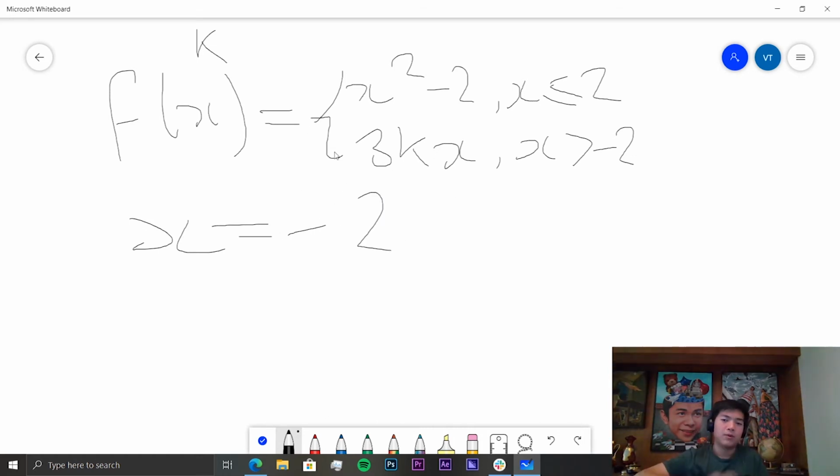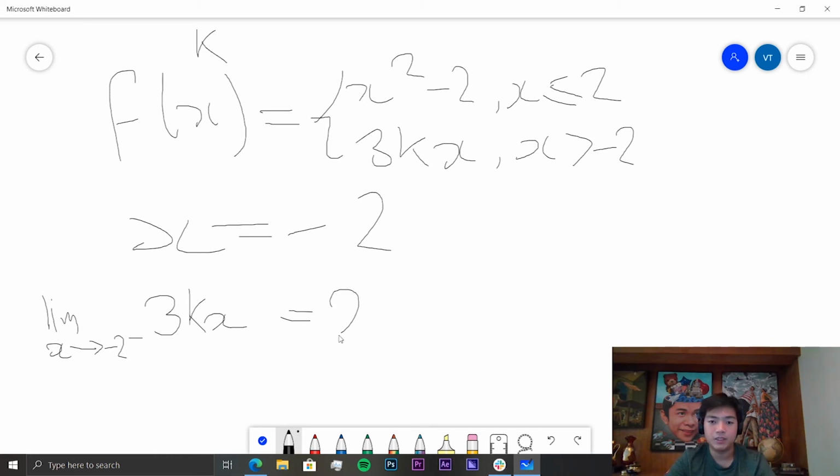So, more or less what we need to do here is make it such that the limit as 3kx approaches negative 2 from the negative side is equal to negative 2 squared minus 2, which is 2.